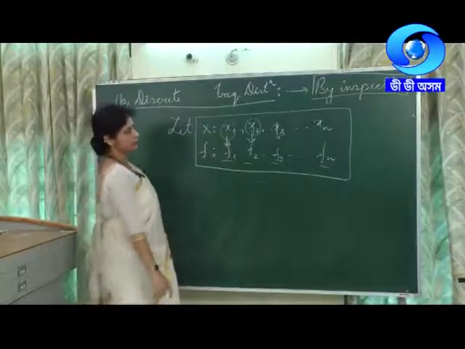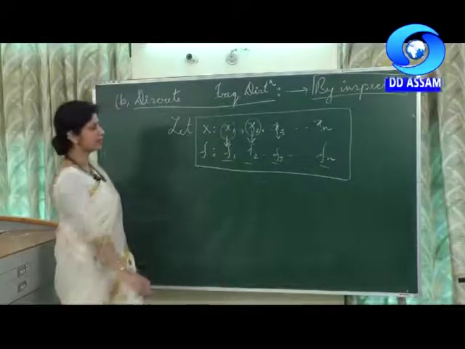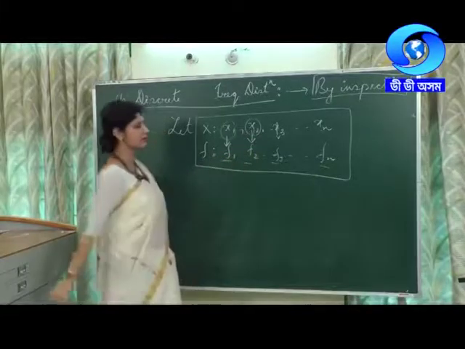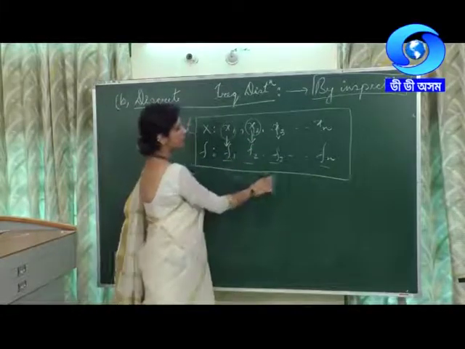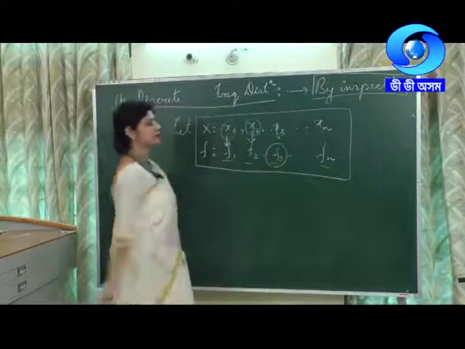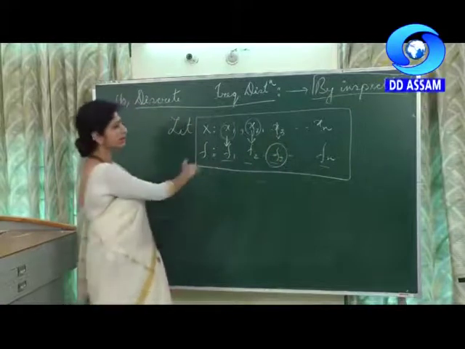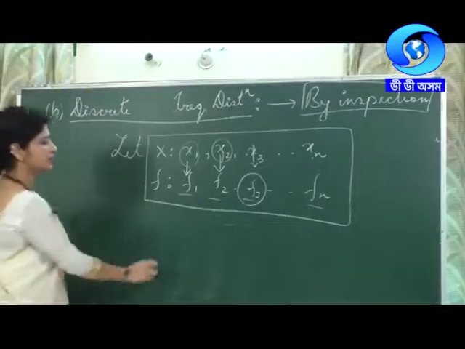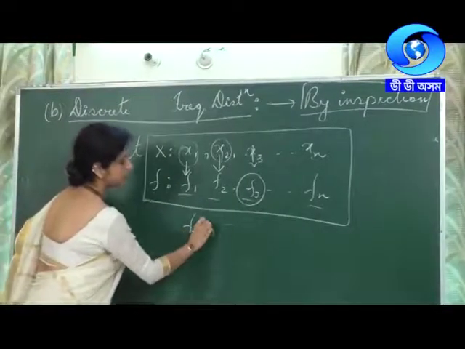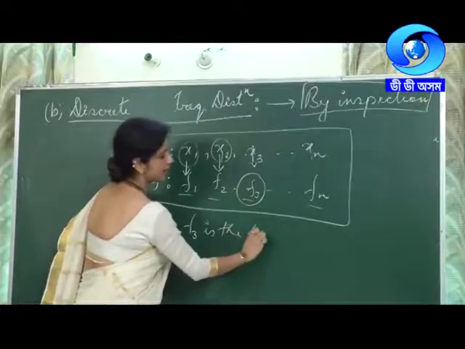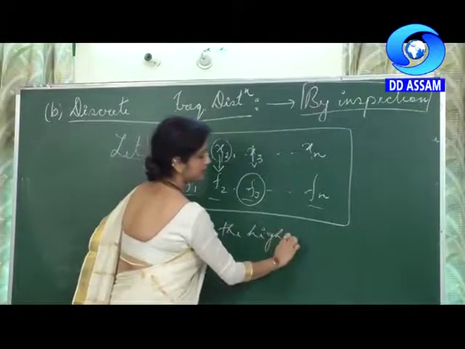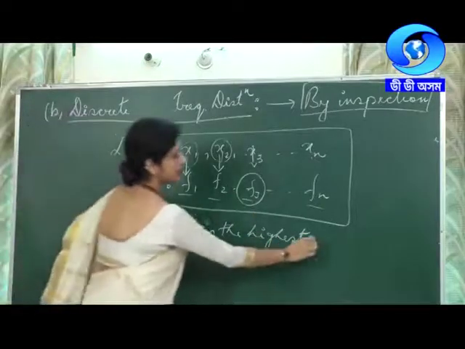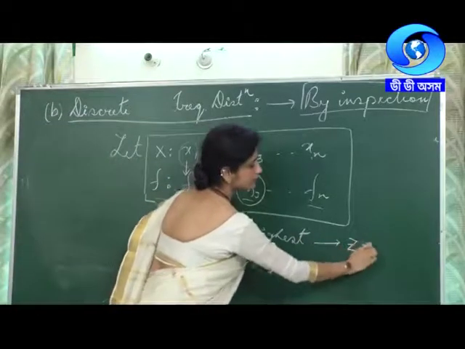Supposing f3 is the highest frequency and there is no other like it, if there is only one mode, then x3 will become the mode.